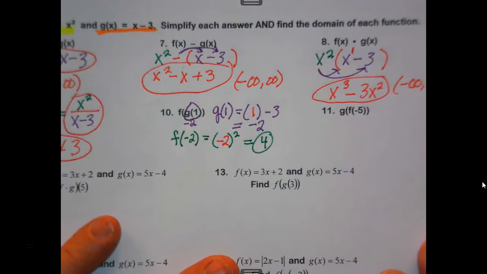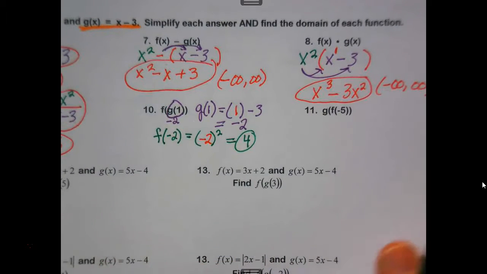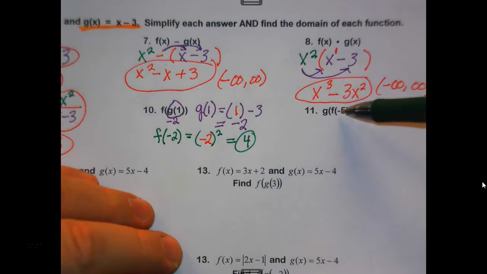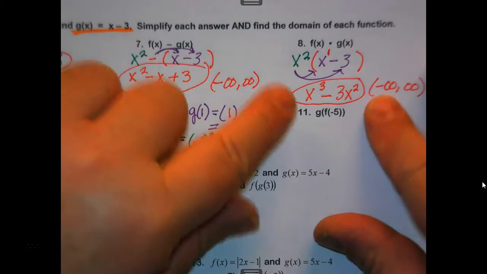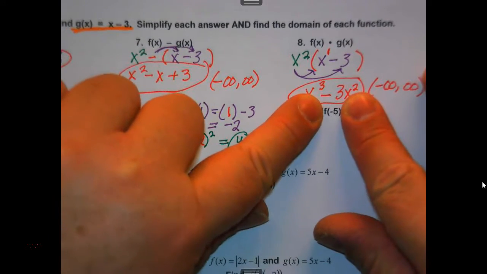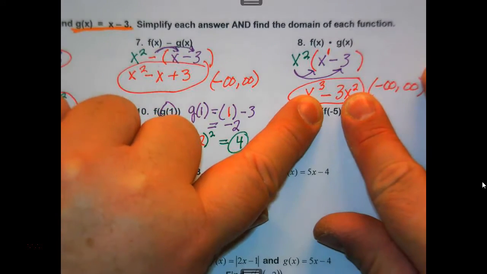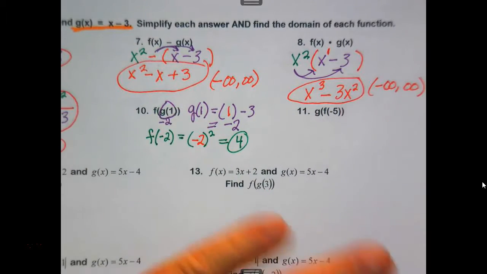Number 11, another composite function. I have the g of f of negative 5. Start with the innermost function first, which is the f of negative 5.